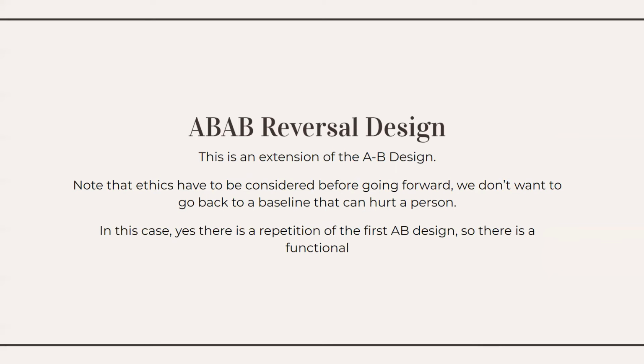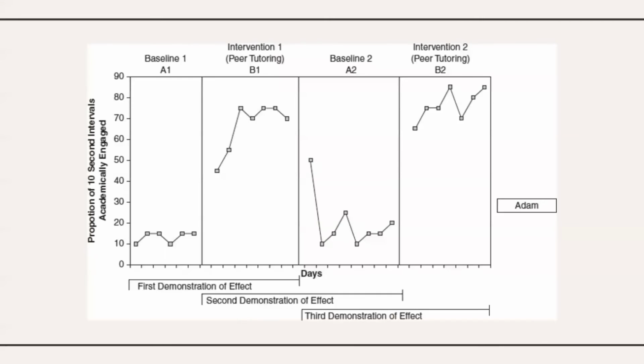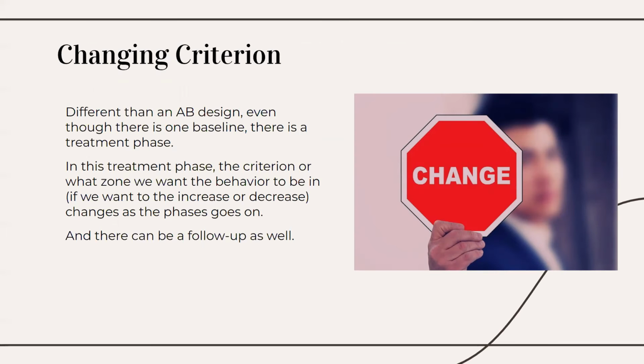Like, say, if we're trying to reduce the behavior of headbanging on a wall, we do not want to go back to a baseline where the person would continue banging their head on the wall, of course. Here is an example of an AB-AB design. We got the baseline twice and intervention twice, which is peer tutoring in this case.